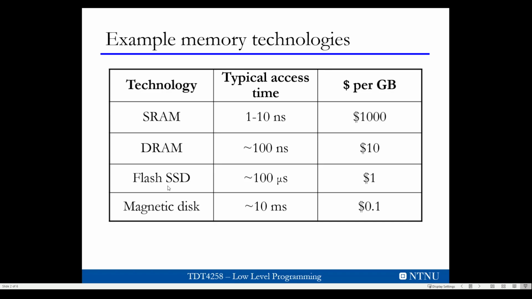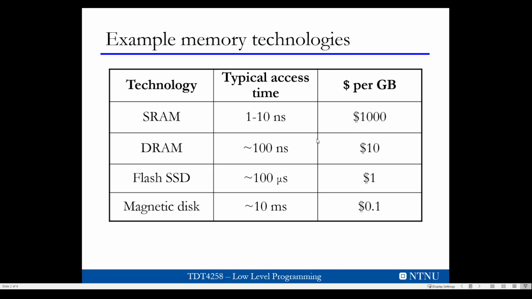Going down, we have SSDs, which are maybe 1000 times slower than DRAM, but they are also very cheap. And disks are even slower and even cheaper than SSDs and other technologies. So what we see here is we have different technologies which provide a trade-off between access time and cost.